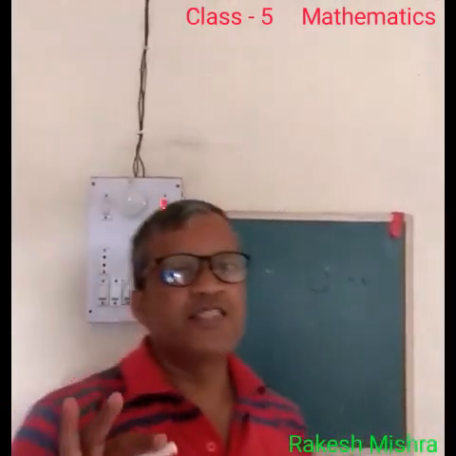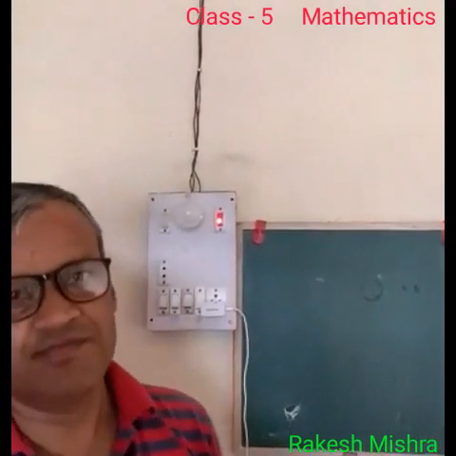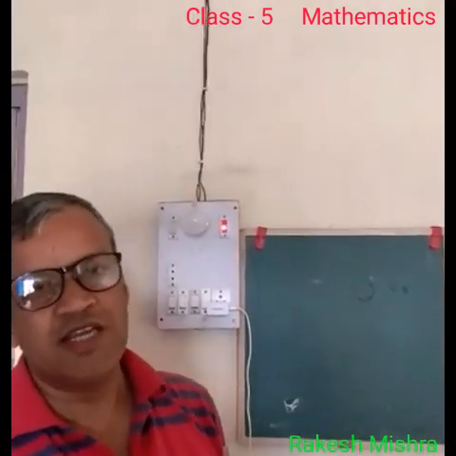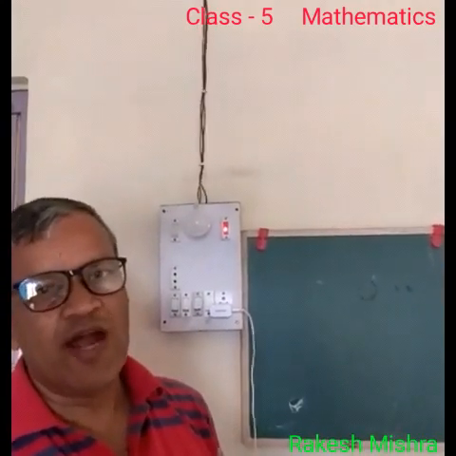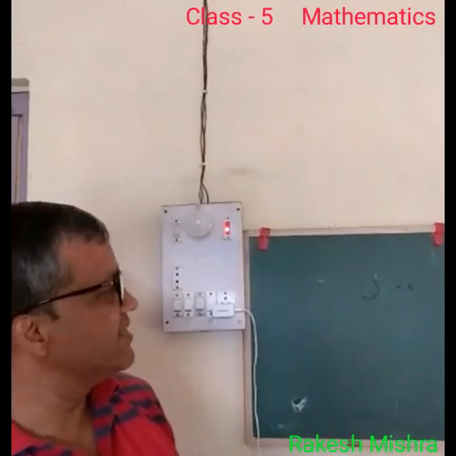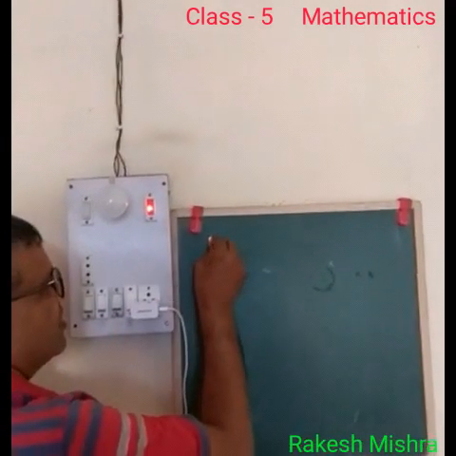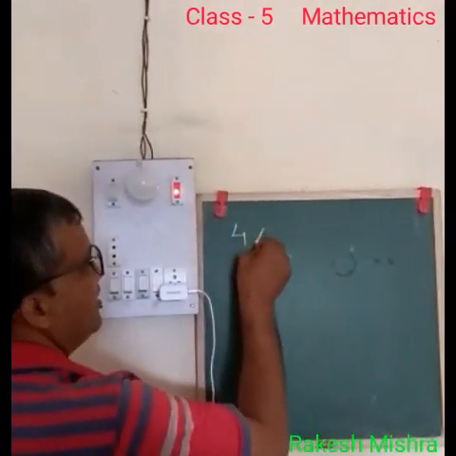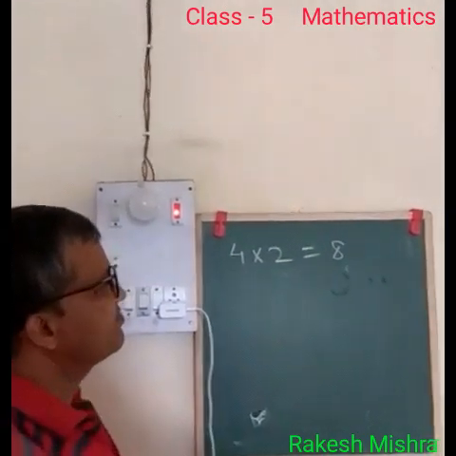Multiplication is also called repeated addition. A question is arising in our mind, why is multiplication called repeated addition? So you should know, 4 into 2 is equal to 8.